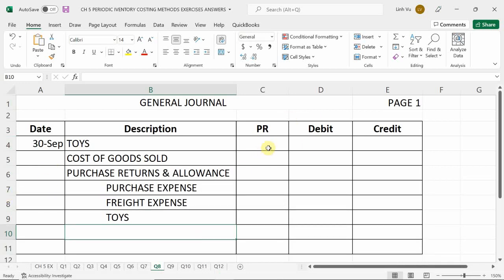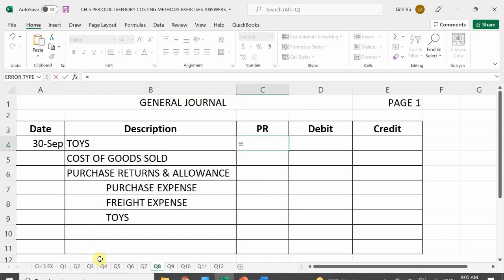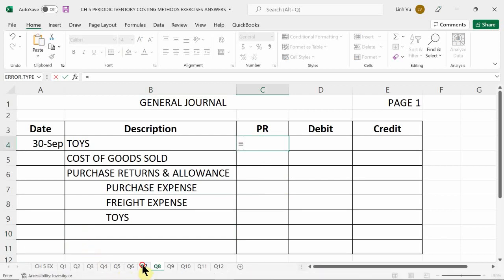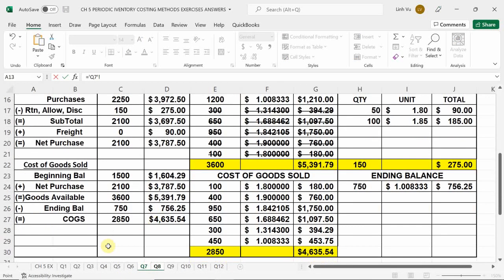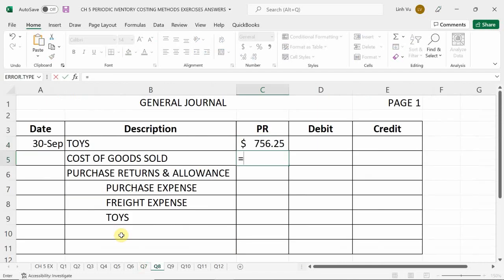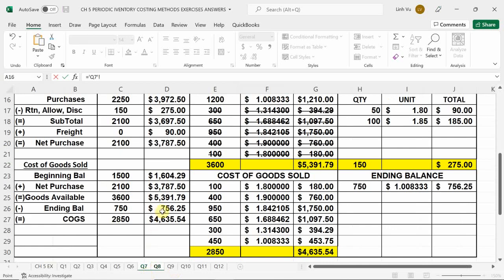Okay, so in this case, what was my total value of my ending inventory? Good. What was the total cost of goods sold?